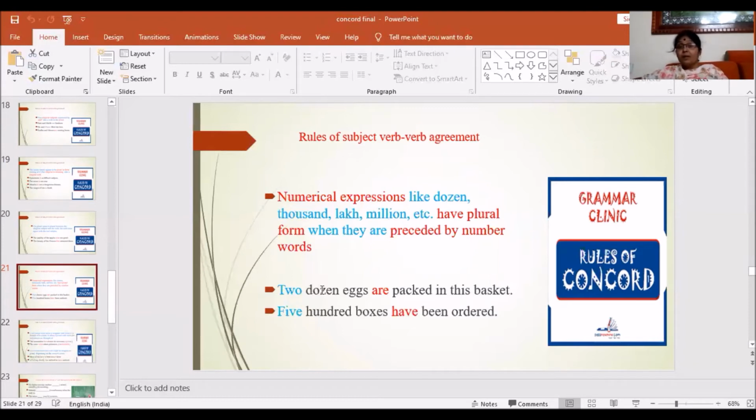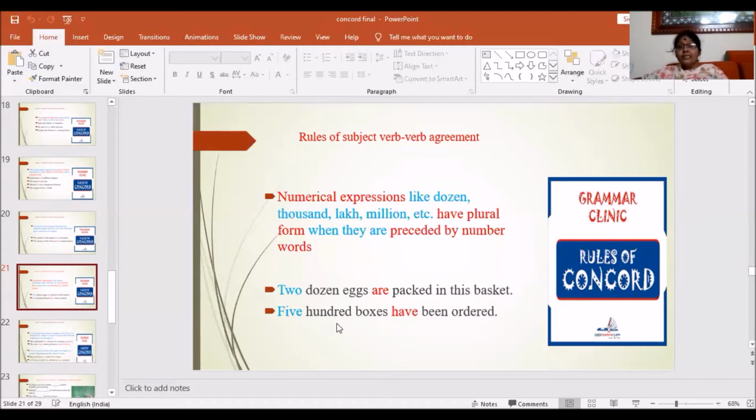For example, 2 dozen eggs are packed in this basket. Now, dozen is preceded by this number word, right? 2. So, our verb should be in plural. So also look at this sentence. 500 boxes have been ordered.